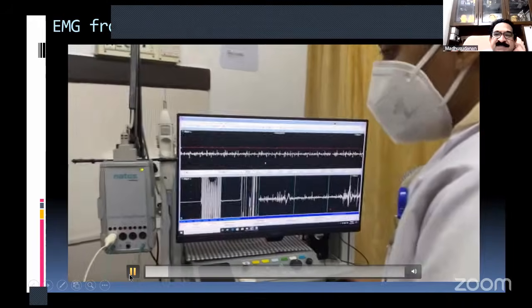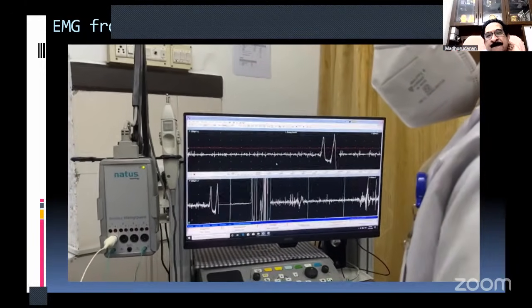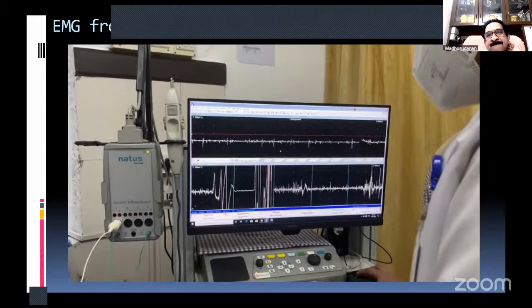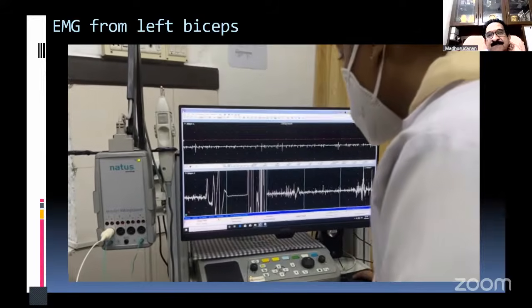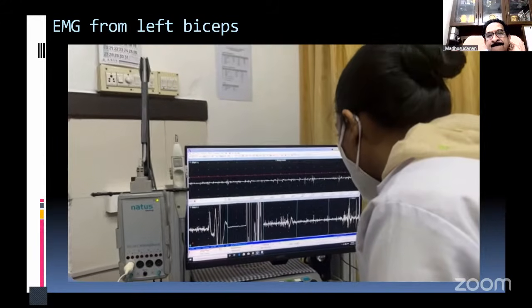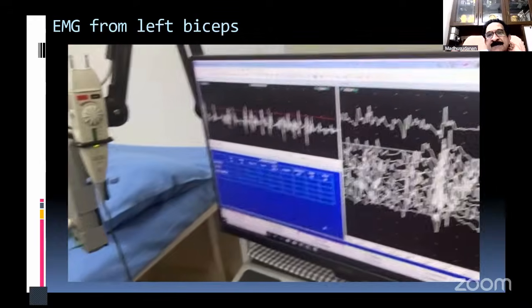Profuse fasciculations. This is spontaneous activity. Fasciculations and fasciculation potentials. That is voluntary activity.